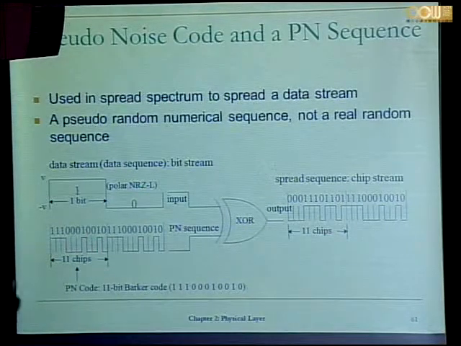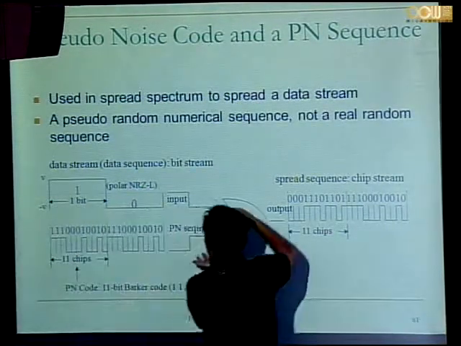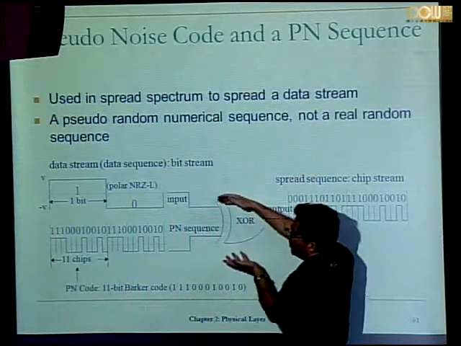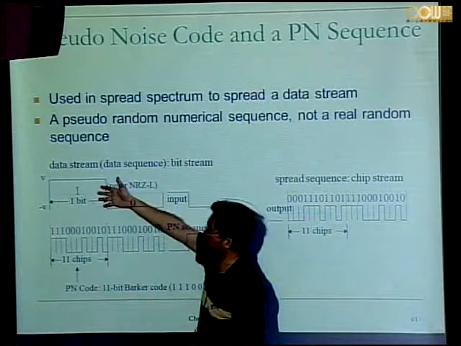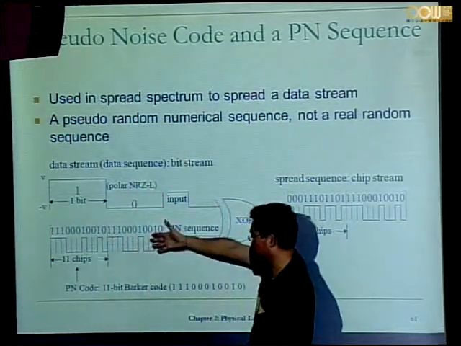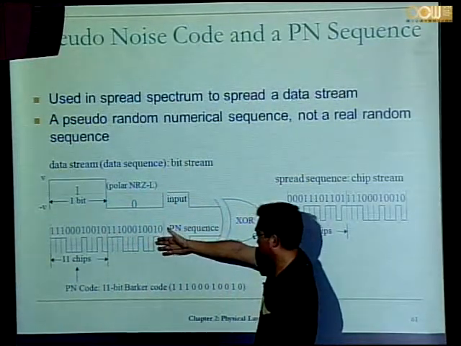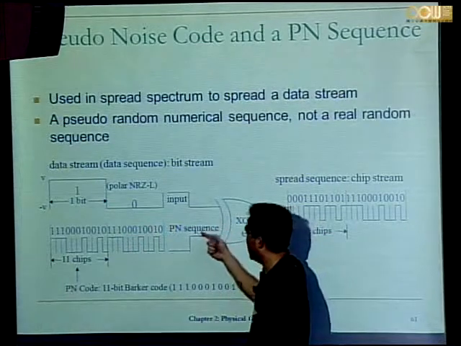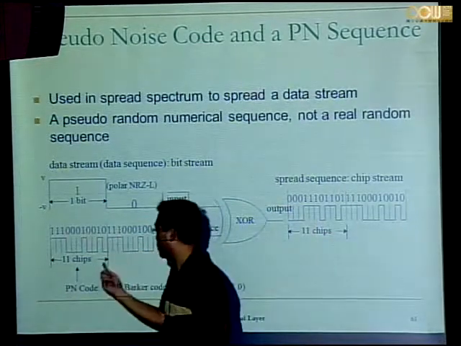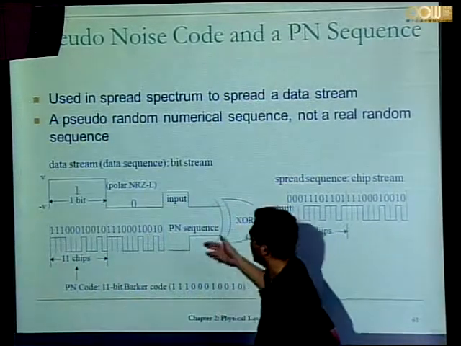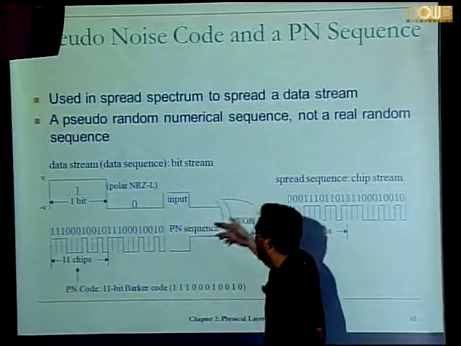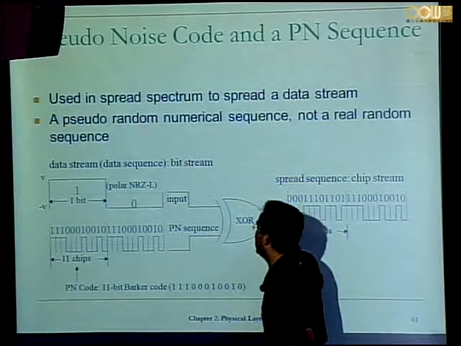And I do exclusive OR on the data stream and the PN sequence. This is called the PN sequence, and this is called the PN code. The 11 chips are the PN code, and a sequence of PN codes is called the PN sequence.